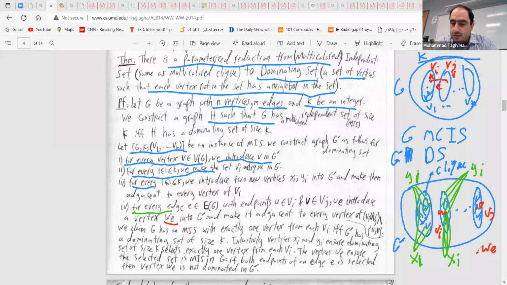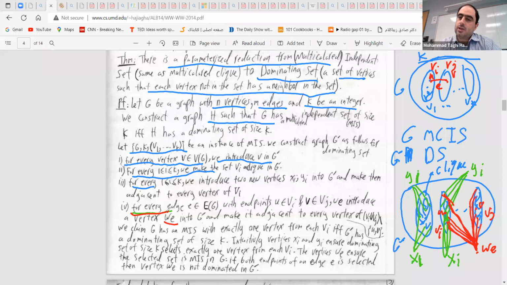So we will make this WE connected to every vertex here except U, and every vertex here except V. Good. And so that's the last set of things that we have.